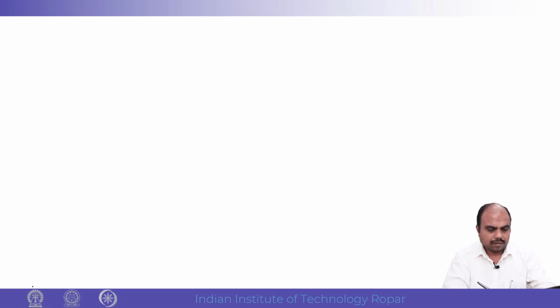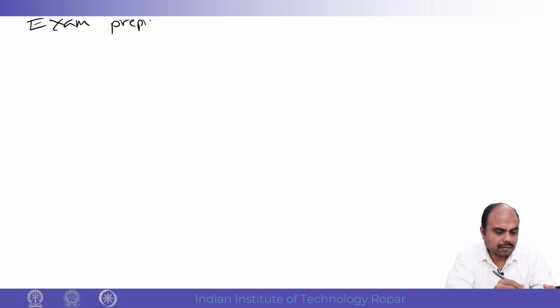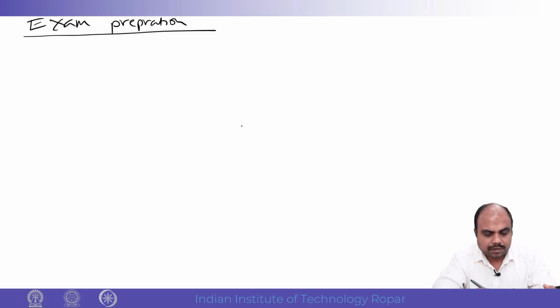So let us take an example. A student wants to prepare for an examination. So what are the things which are required for the examination? A simple example. Exam preparation. So the main intention is exam preparation.